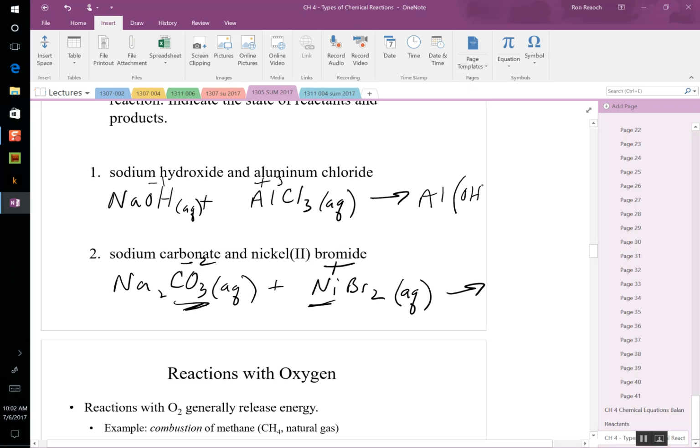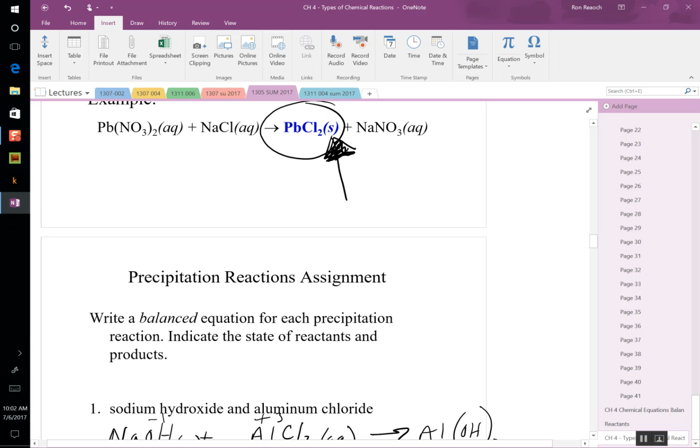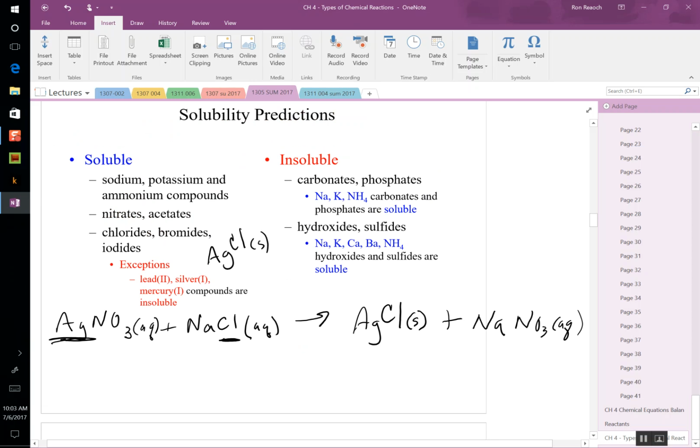And aluminum hydroxide, let's see what they say about hydroxides. Okay, now on this side of the chart are things that are generally insoluble. Hydroxides are generally not soluble in water, except if they were sodium or potassium or ammonium, calcium or barium.